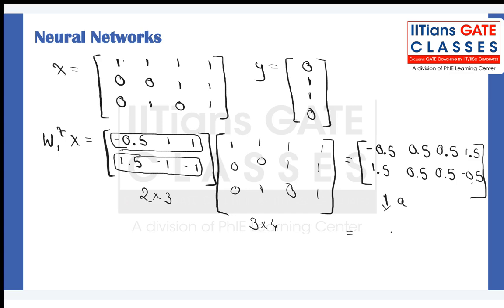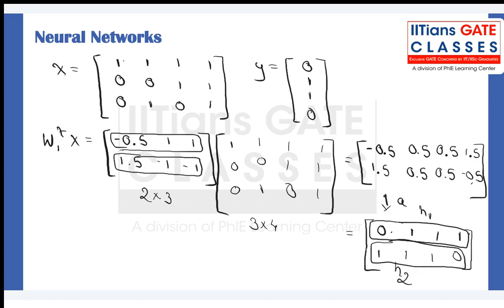All values that are negative become 0, and all values that are non-negative become 1. Why am I saying non-negative and not positive? Because even if it is 0, it is still 1. So 0, 1, 1, 1, 1, 1, 1, 0. So this is my H. The first row forms the output for H1, and the second row forms the output of H2.